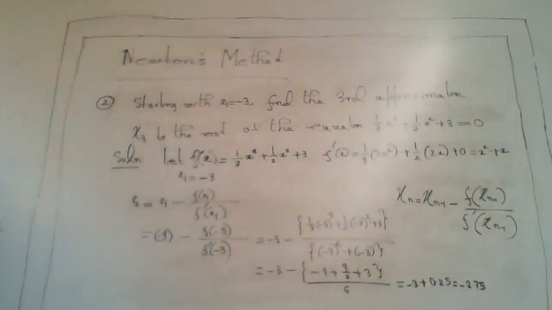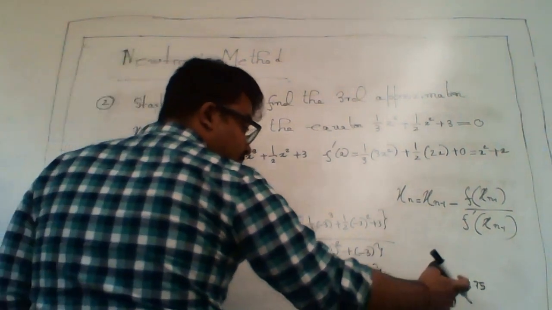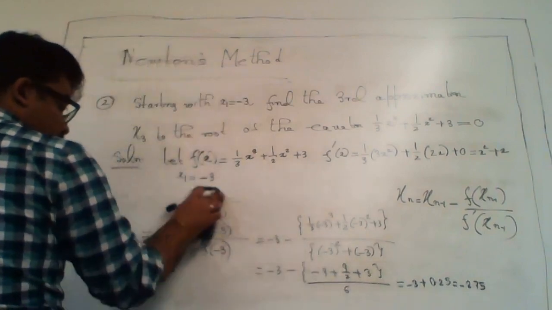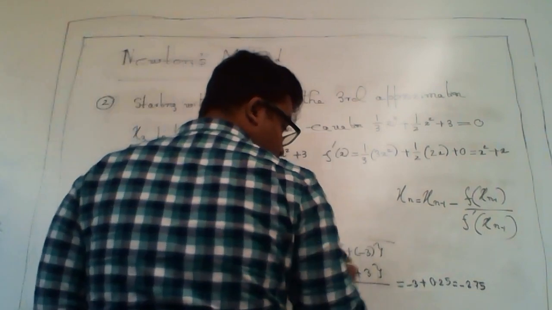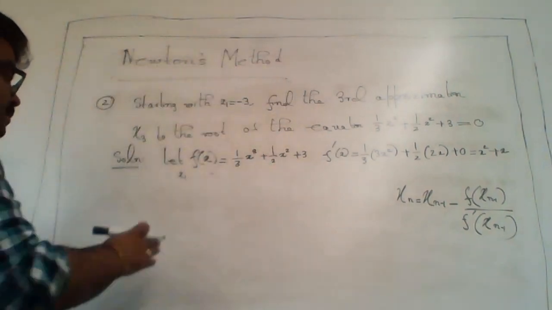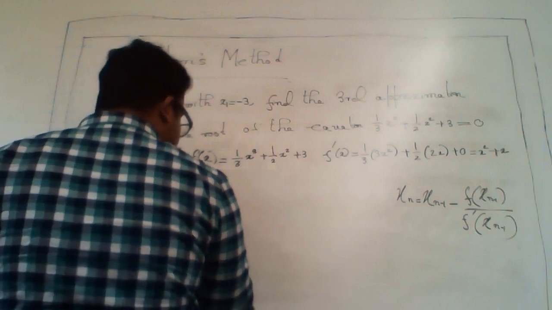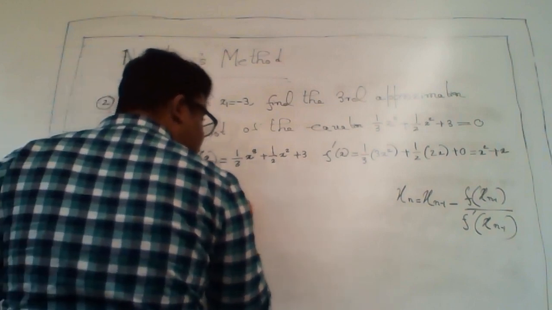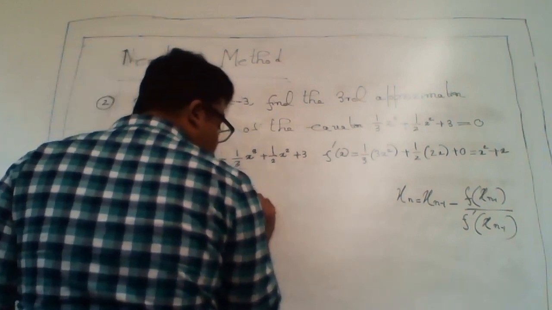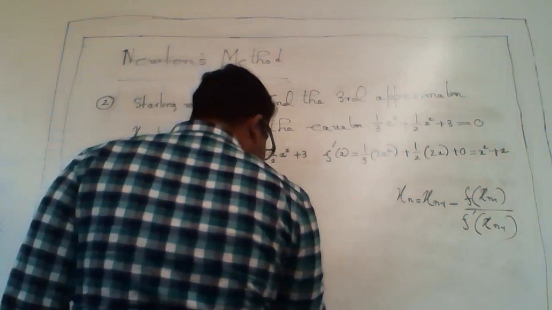Now apply the same formula again to find x3. You have found x2 equal to -2.75. So now x3 will be equal to x2 minus f of x2 divided by f prime x2.